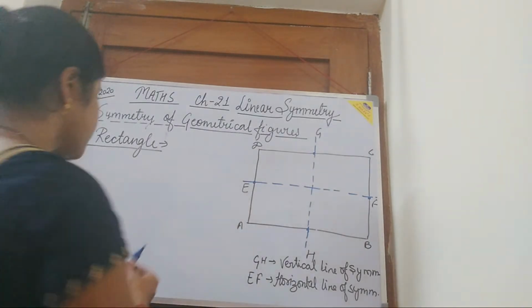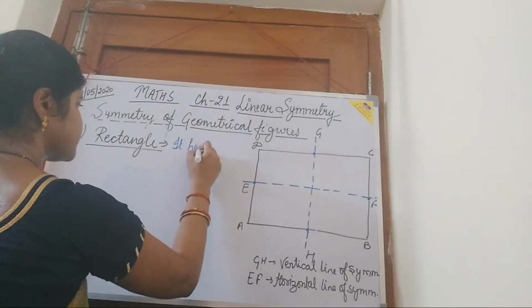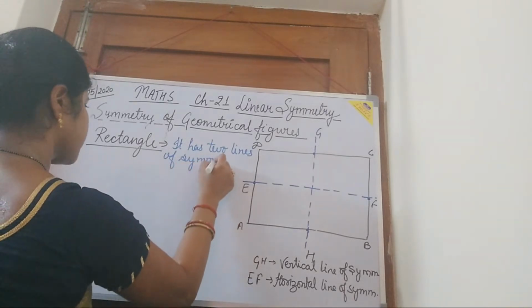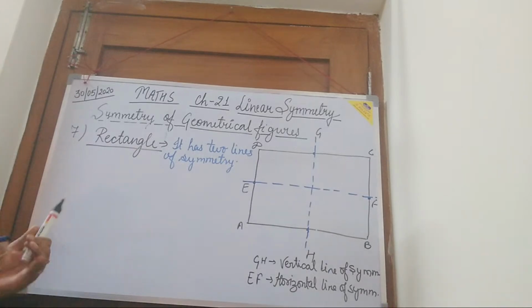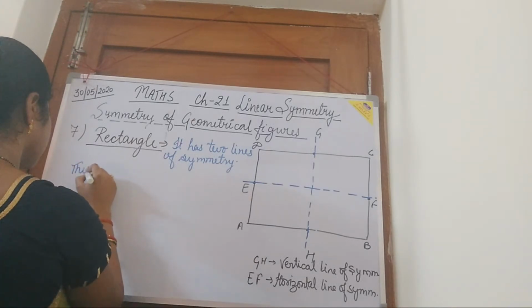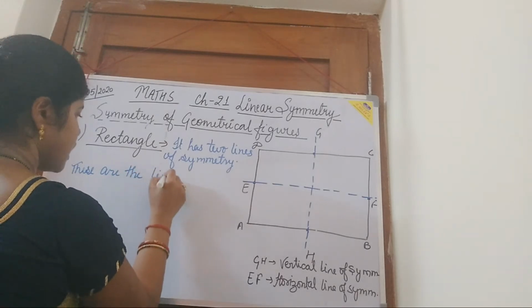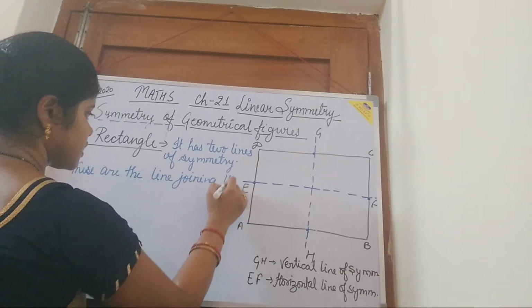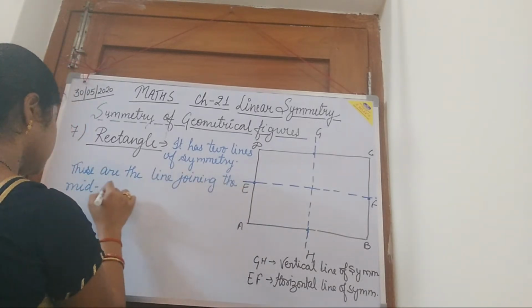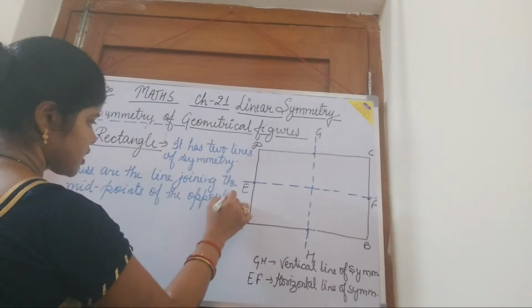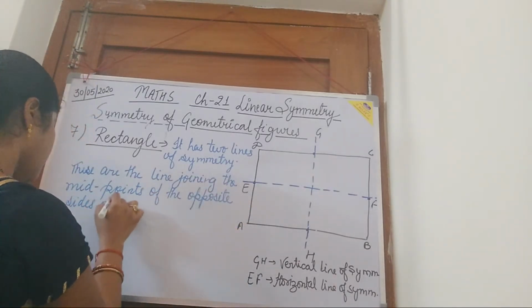So a rectangle has two lines of symmetry, and these are the lines joining the midpoints of the opposite sides of a rectangle.